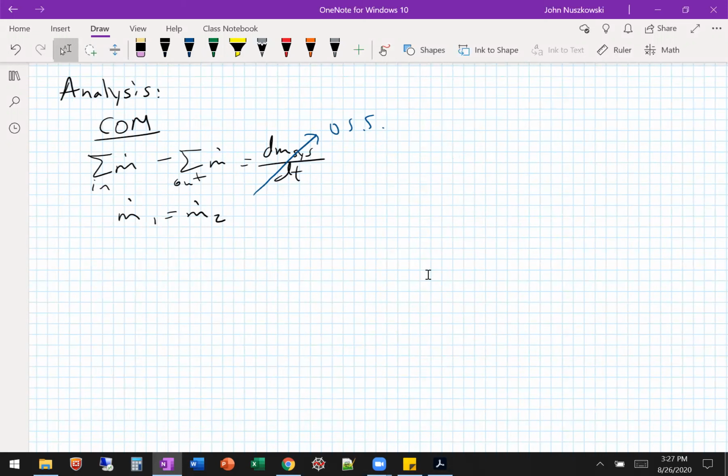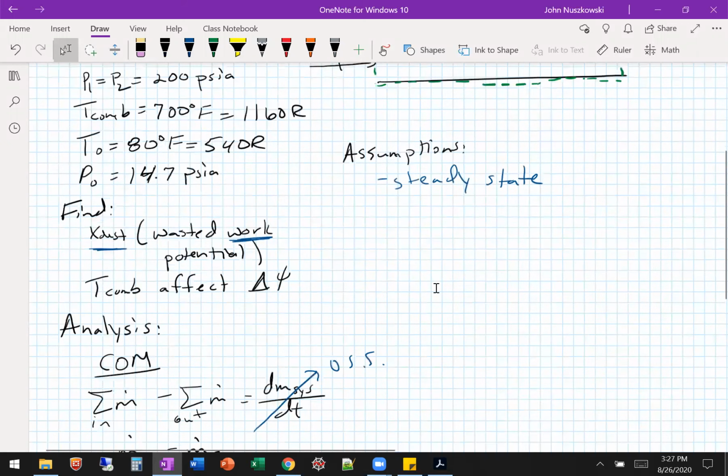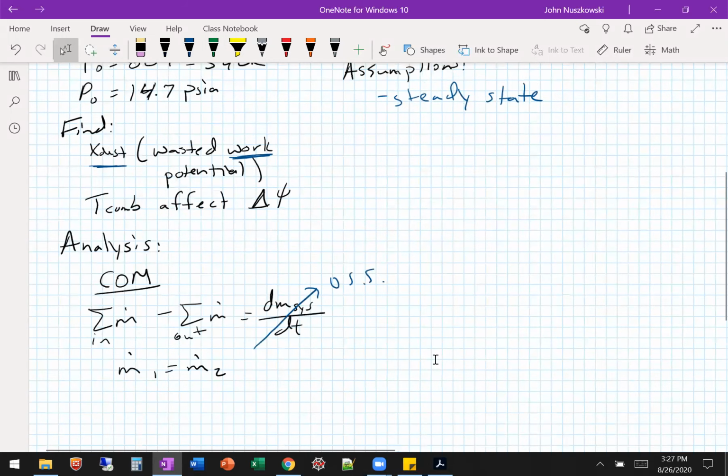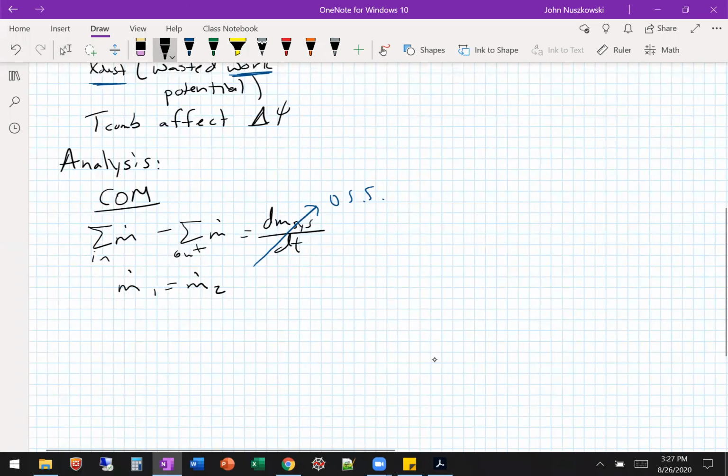What are we getting out of the conservation of energy for this? The H, right? H at 1 and 2. It will give us the heat, right? Heat transfer. Yes.